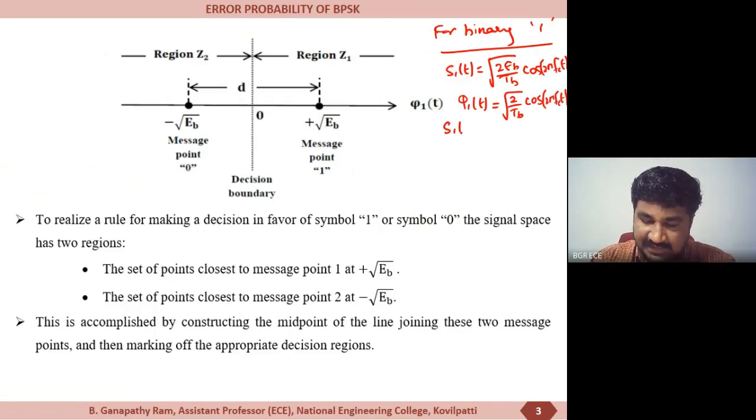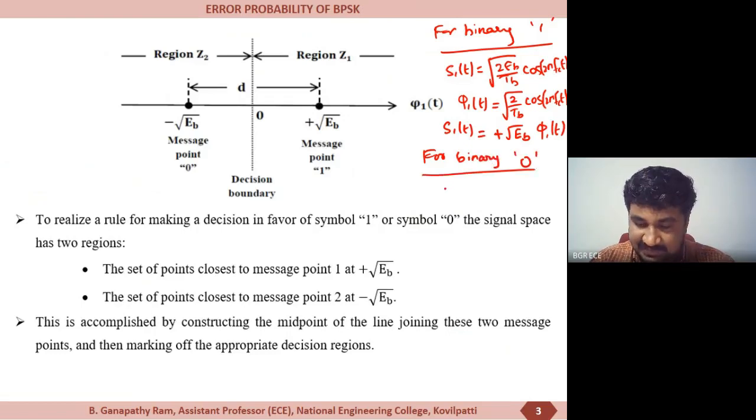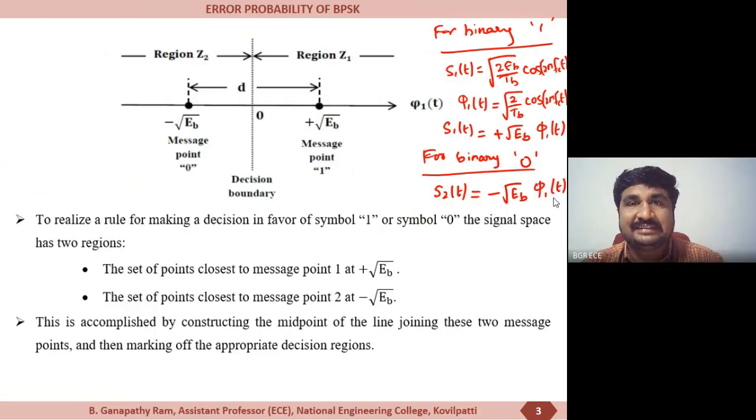Hence, S1 of t can be represented as plus root EB multiplied by phi 1 of t. Similarly, for binary data 0, the transmitter will transmit the symbol S2 of t, which is 180 degree phase apart from S1 of t. So it will be represented as minus square root of EB phi 1 of t, where EB is the energy per bit and TB is the bit duration.